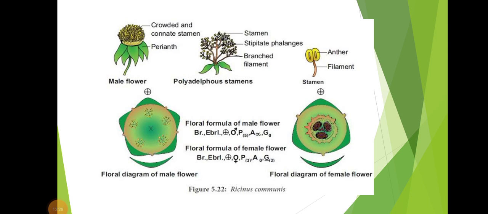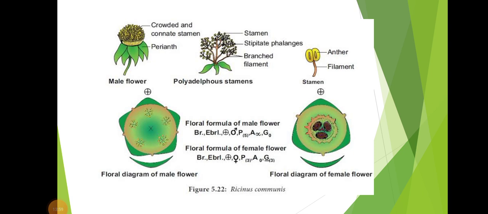This is the floral diagram of Euphorbiaceae, the male flower and female flower. This belongs to Ricinus communis. If you see the male flower, at the top of the axis are crowded and connate stamens, and in the lower part is the perianth.